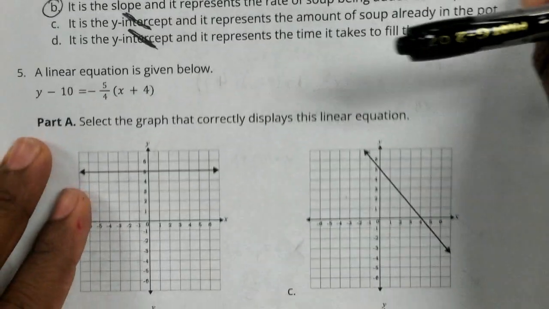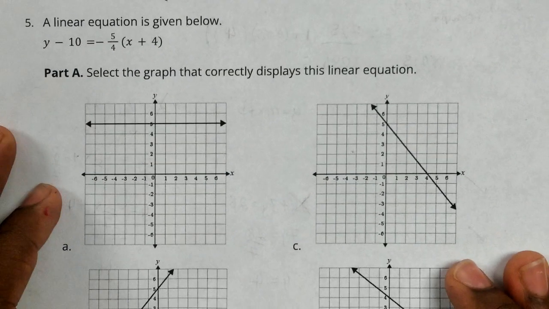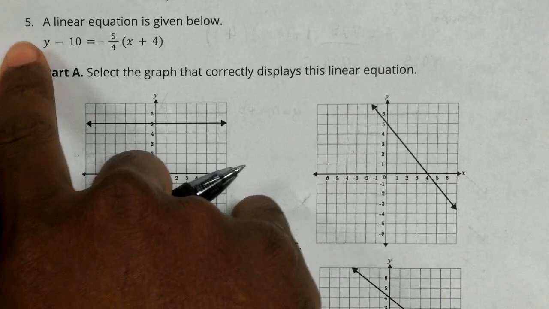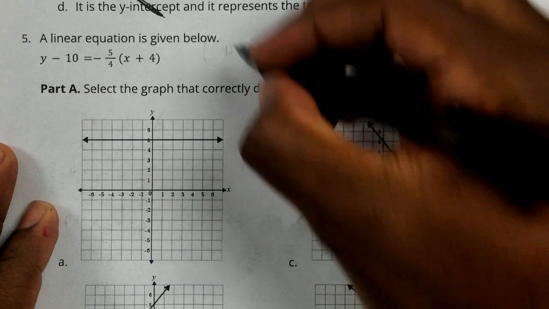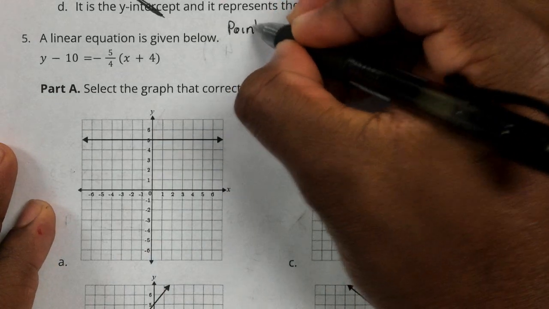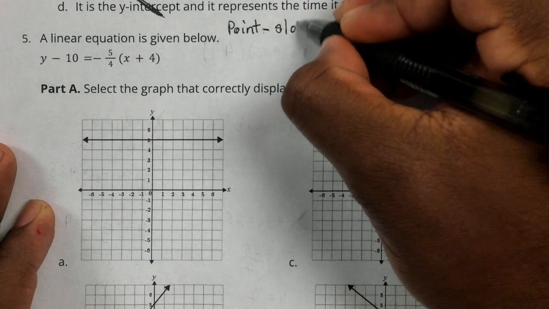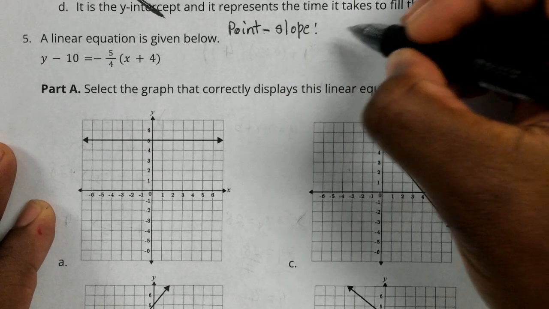So the next question says a linear equation is below. All right. So this is our linear equation. But you need to realize that this linear equation is given in something called point slope form. All right. And let's recall what point slope form looks like.